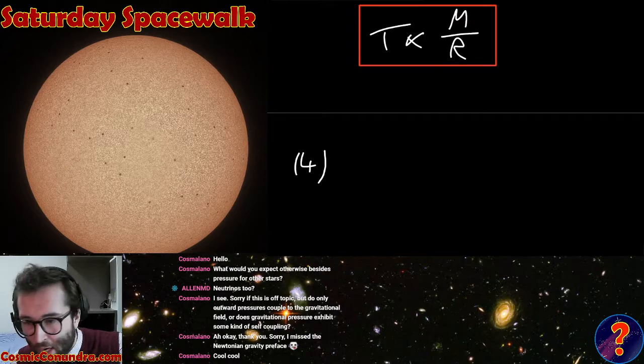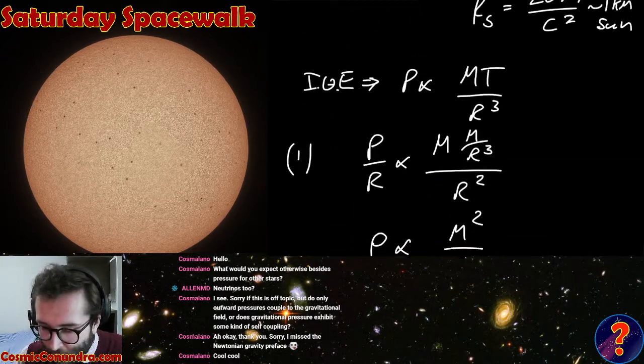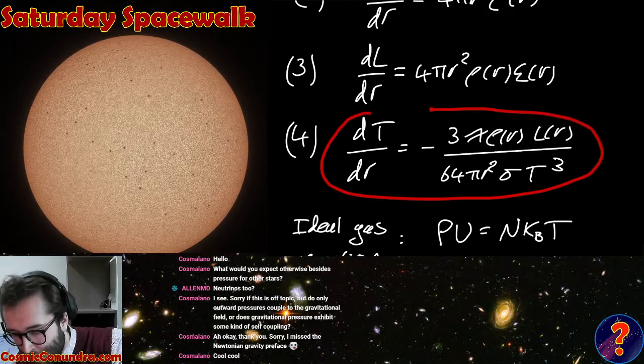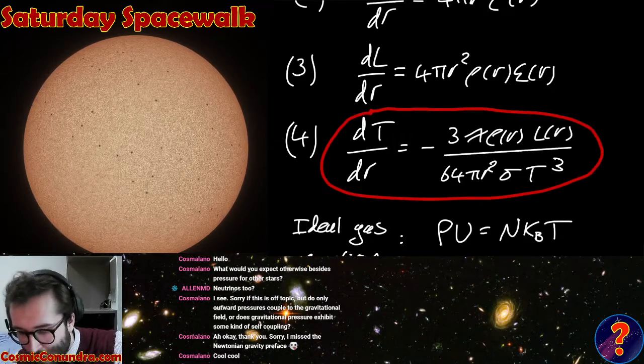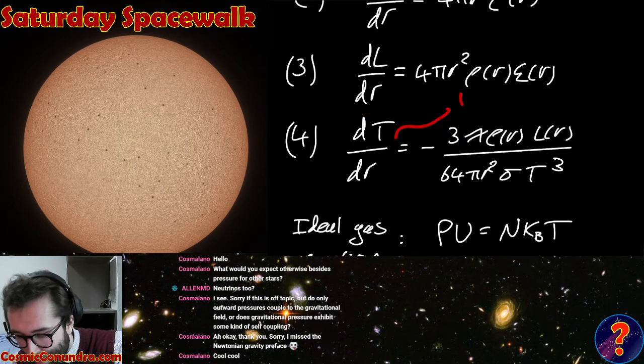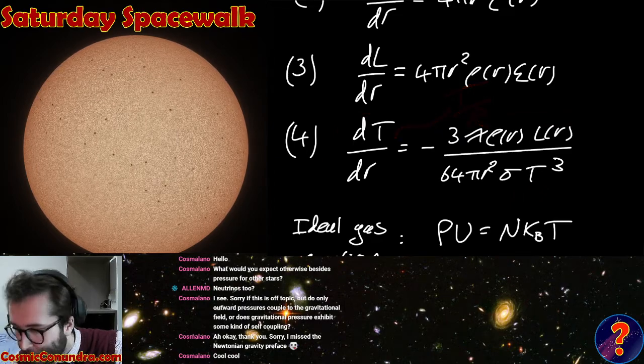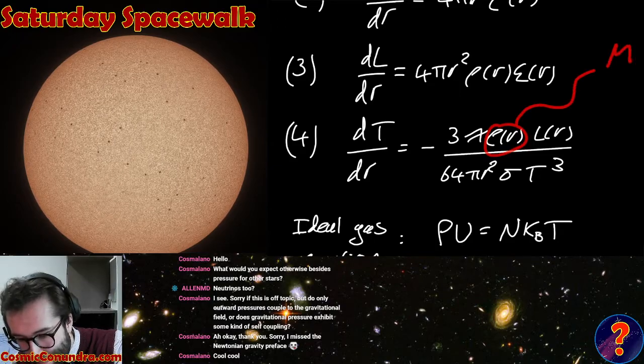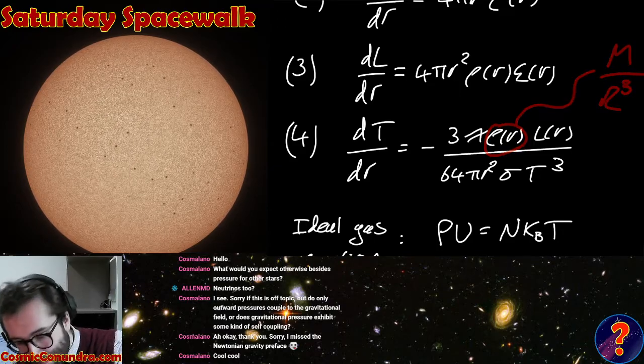So let's think about equation 4. This was the radiative energy transport equation here. What kind of scaling relation does this tell us? Well, on the left-hand side, we've just got a T over R for this derivative. The rho, remember, we will write as m over r cubed.